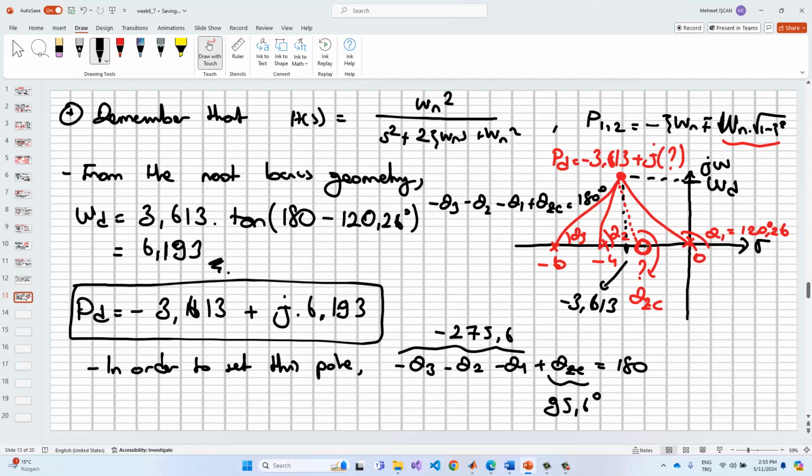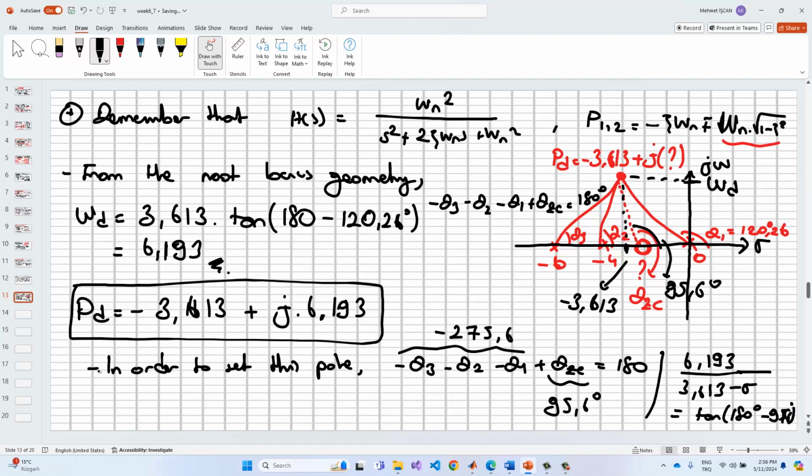If we know the angle values of these zeros, which is 95.6 degrees here, then we can write our solution: 6.193 divided by 3.613 minus the real part must be equal to the tangent of 180 minus 95.6, okay?